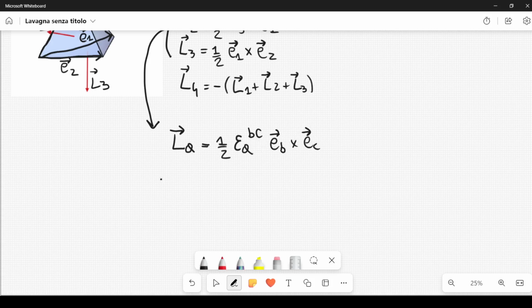And you can check that this vector equation contains those three up there. Now at this point we can go to index notation. So the vector L_A, you can see that this is a vector of vectors if you want, because this index A goes from 1 to 3. So we have three different vectors because A can take three values.